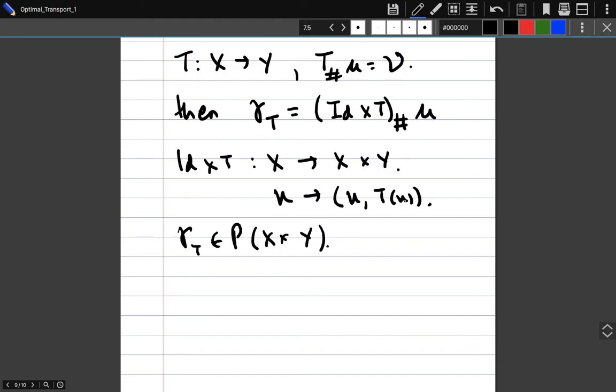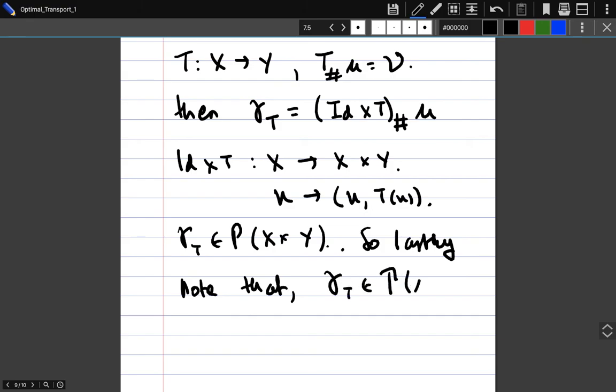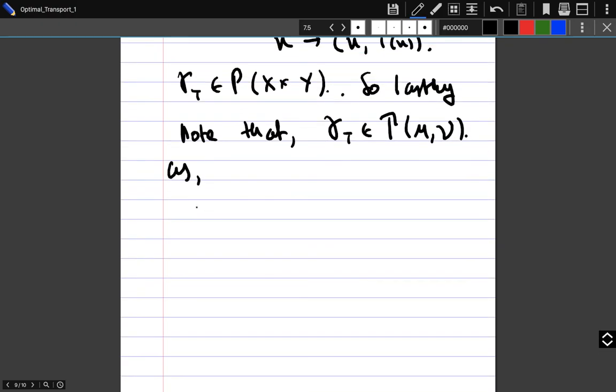and then lastly, you can observe that it indeed lives in the set. So lastly, note that gamma of T belongs to the set.